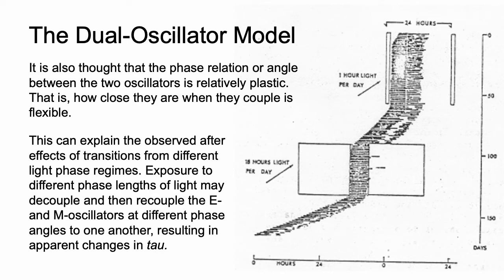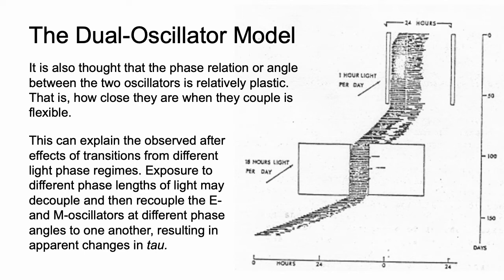So exposure to different phase lengths of light may decouple and then recouple the E and M oscillators at different phase angles to one another, which would result in different free-running taus, as we see here, again, in this figure of a hamster. So for some reason, some mechanism innate to the two oscillators, when exposed to 18 hours of light, decouples them and recouples them much closer together.